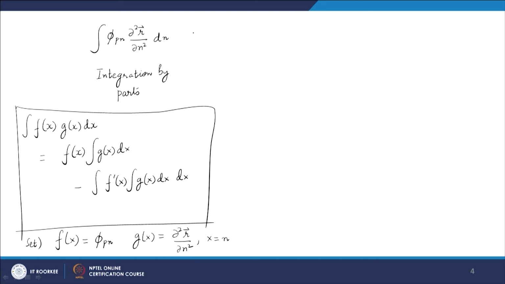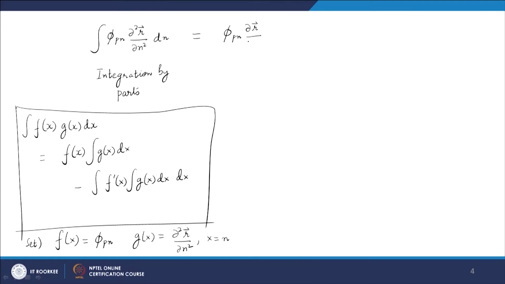So, now this is equal to phi Pn, and we integrate g of x, that is my dou 2 r by dou n square. So, if I integrate the second derivative, I will get the first derivative. From 0 to n minus integral of dou phi by dou x.